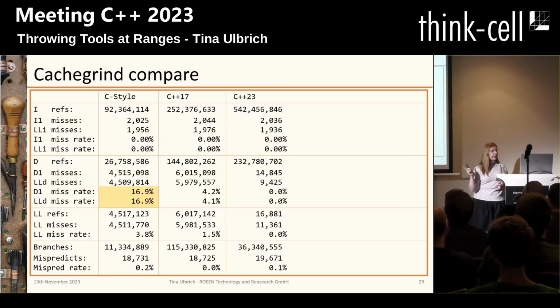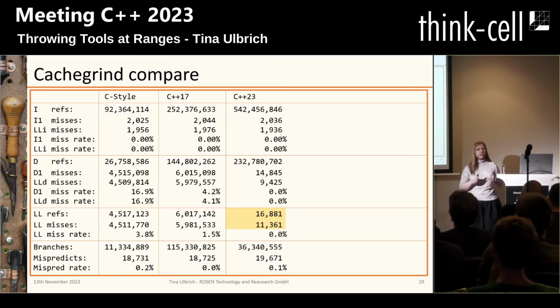I think for the C style C++, I don't have that much experience, but it just looks like a high number. And so last level cache also is very low for the C++23 version, for the same reason that we saw with the data refs. We just don't need to do this much stuff in the caches, because we only have this one input range that we are using. And we only need to access this and then do all the calculations in place.